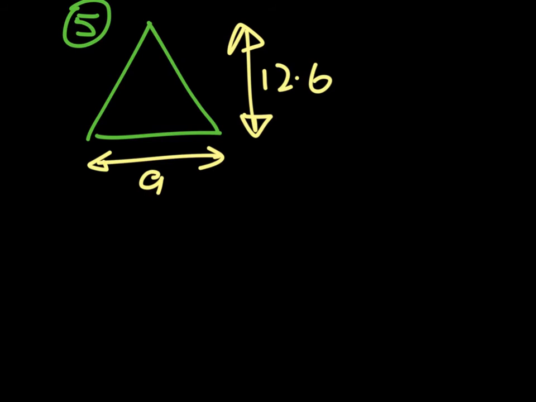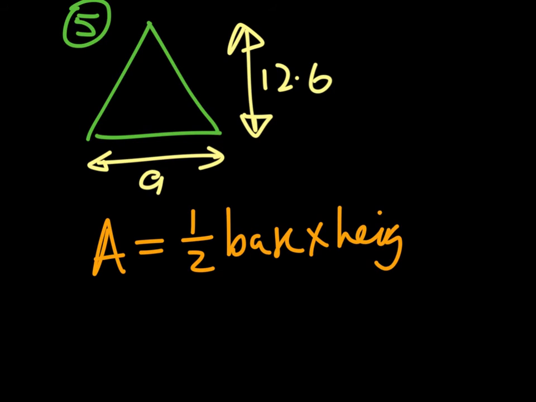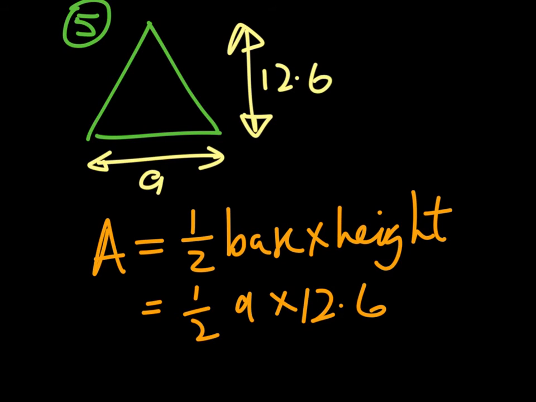Question 5, calculate the area of a triangle. Well, we know a little formula which says the area of a triangle is half the base times the height. So that means we need to do a half of 9 times 12.6. So we do the 9 times the 12.6, get this answer, and then half it. Don't forget the units.